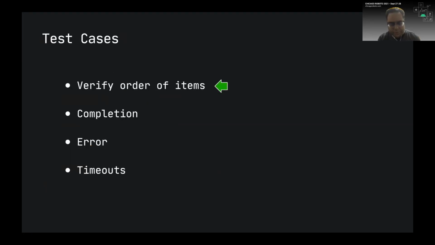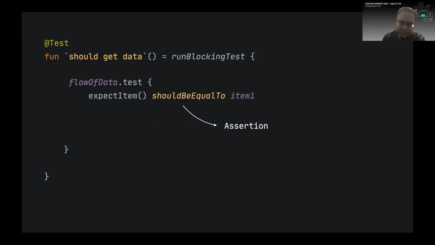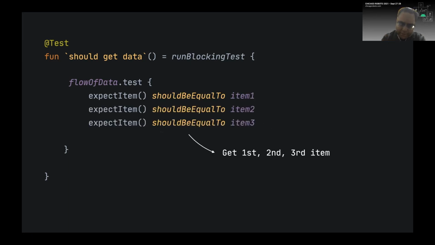Suppose I want to verify the order of items that are emitted. I could write my previous test like this: flow of data.test, and say expect item, grab me the first thing that was emitted. I could do a verification there. Then grab me the second item or the third item. If the order was changed, if the number three came before two, then your test is going to fail.